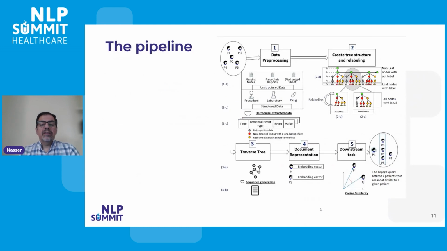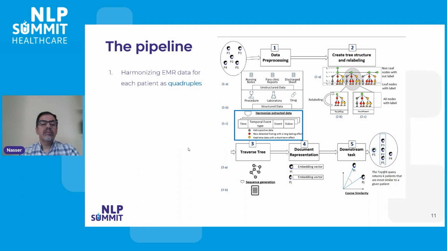Here we can see the overall pipeline that I will describe at a higher level, and the details will be presented in the next slide. In the first step, we get data from the electronic health record, both unstructured and structured.